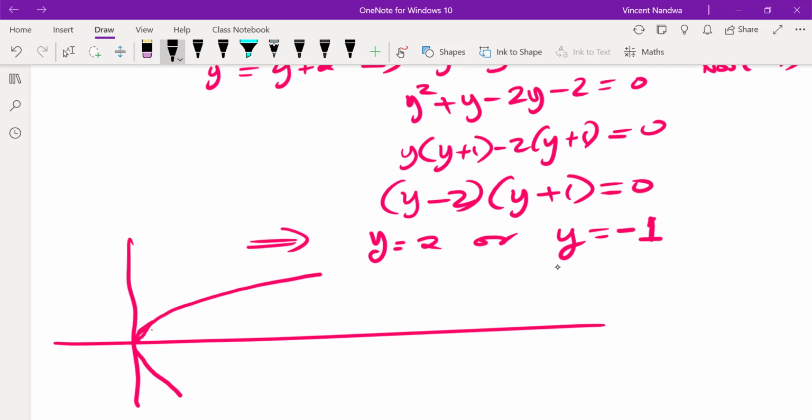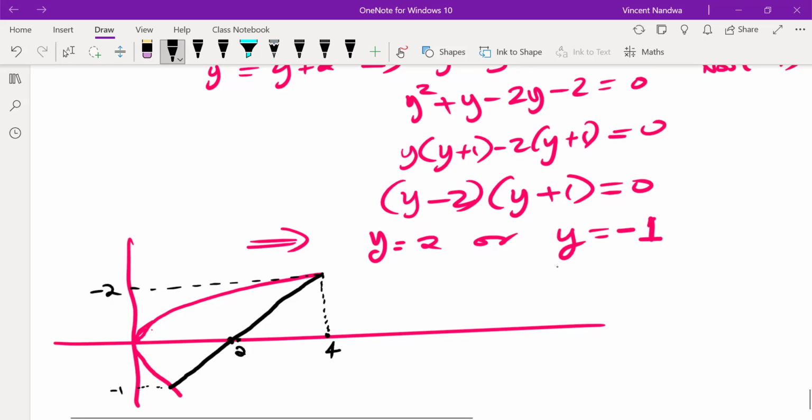And then we have this. So this will be -1, and then this -2. So here is 4, and here is 2. So they are this part.